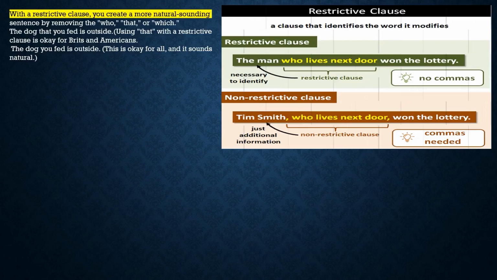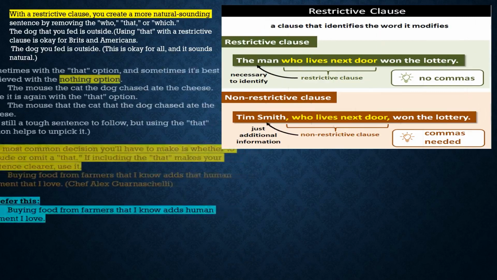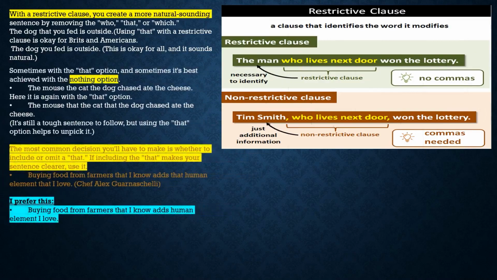You can often reduce the word count and create more natural sounding sentences by omitting a which, that, or who at the start of a restrictive clause. Sometimes it works with the that option, and sometimes it's best achieved with nothing. The mouse that the cat and the dog chased ate the cheese.